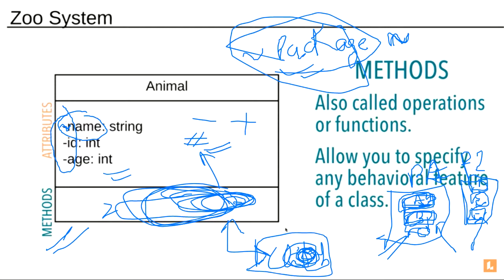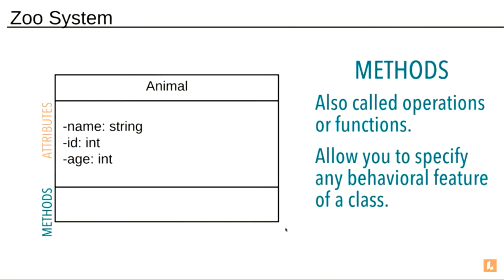Generally you are going to use only these three visibilities: private, protected, and public. Clear? Any doubts in visibility?